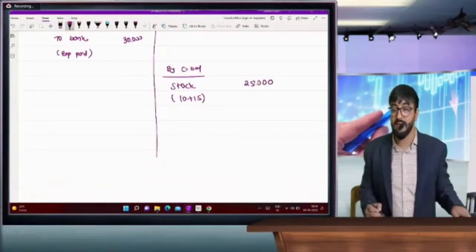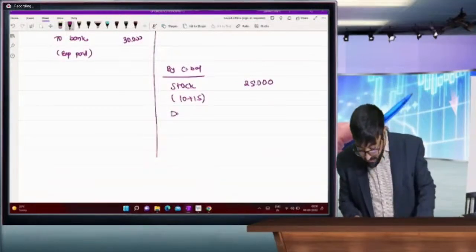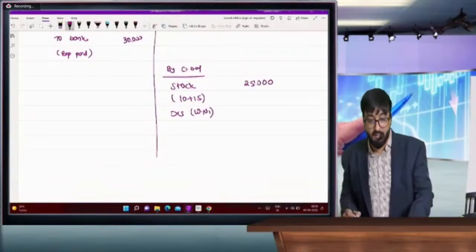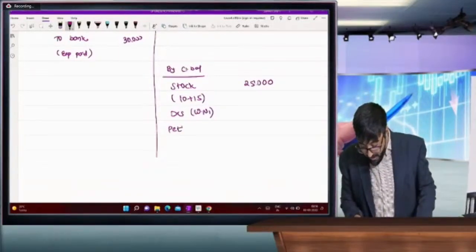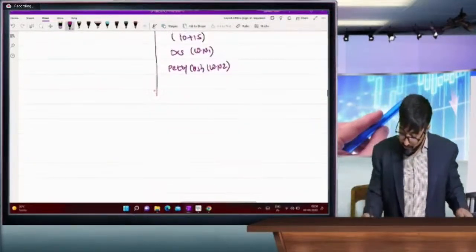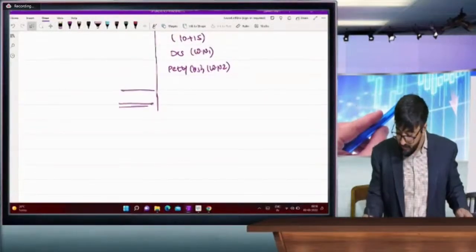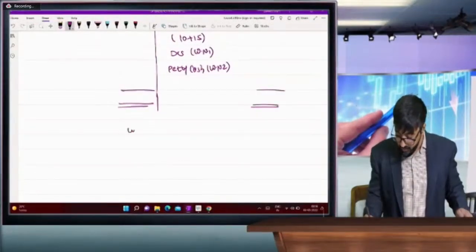So stock is given. Debtors not given, so working note 1 for memorandum debtors, and petty cash is working note 2. Okay. So after that, prepare working notes.